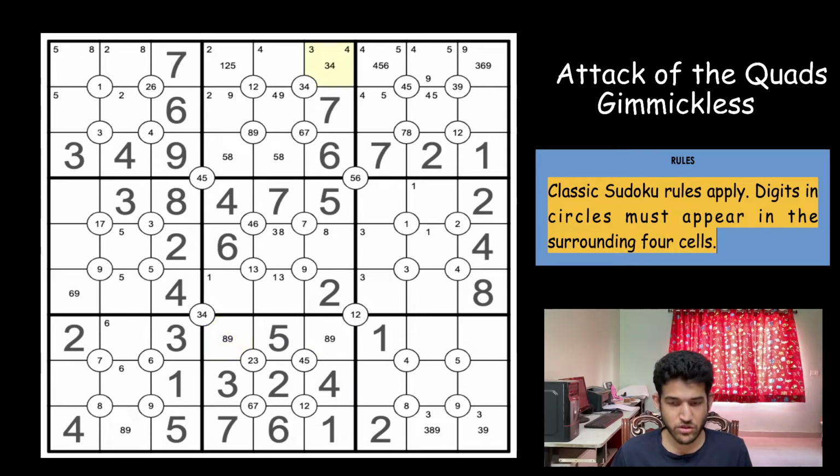This cannot be a 4, so that is a 3. And this is not 3, that's 6 and 9. This would be 8-9 for the row. The 9 in row 4 cannot go here because of this, so 9 has to be here. This would be 1 or a 6.